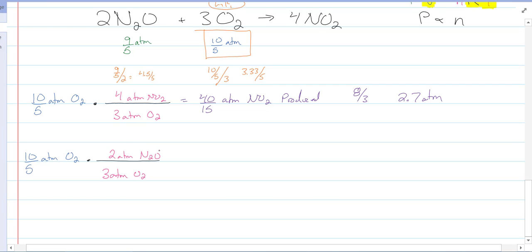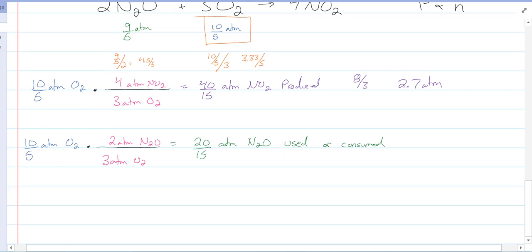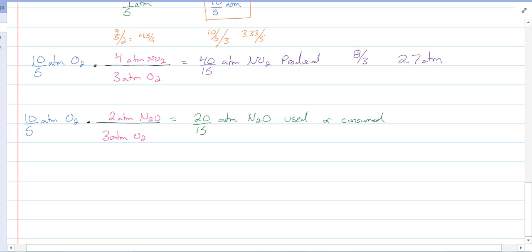So that equals 20/15 atmospheres of N2O used or consumed. That's how much reacted. Okay. Now, 20/15 is also what? If you divide those by 5, that's 4/3. Again, it doesn't matter to me how you do the math. So you can get 1.3 atmospheres as well. I don't care.